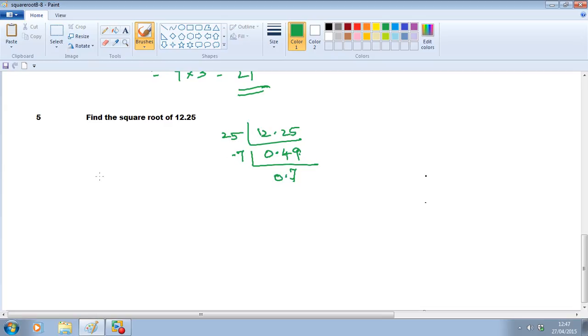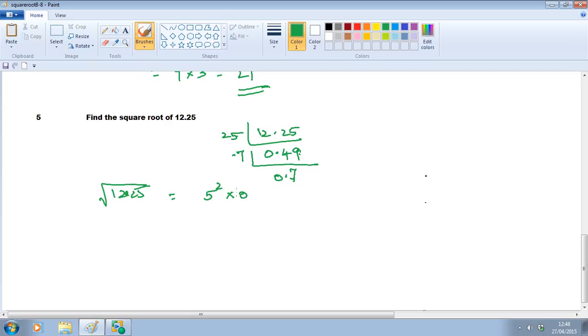So what is this one? Root of 12.25 is equal to, we take 25, root of 25 is 5. 0.7 square is there, so multiply by 0.7.